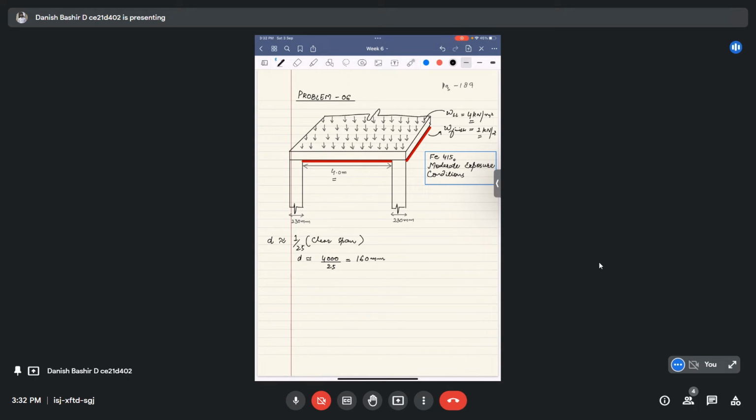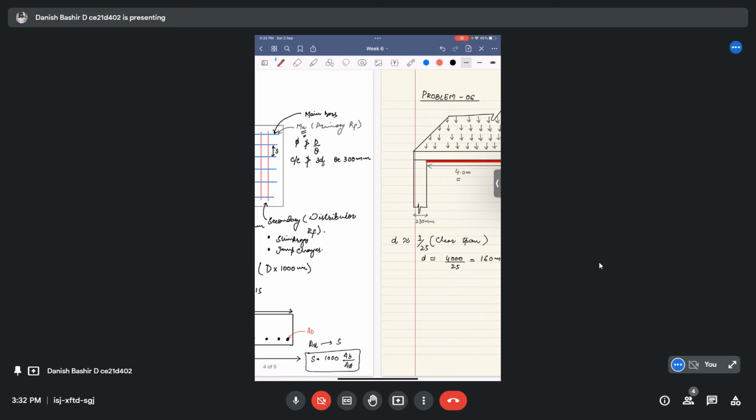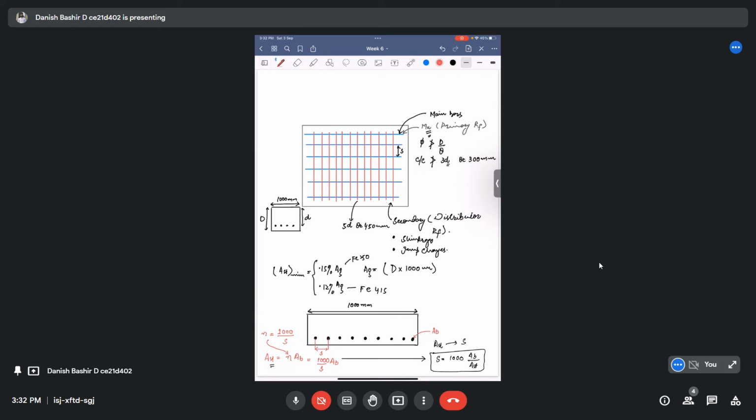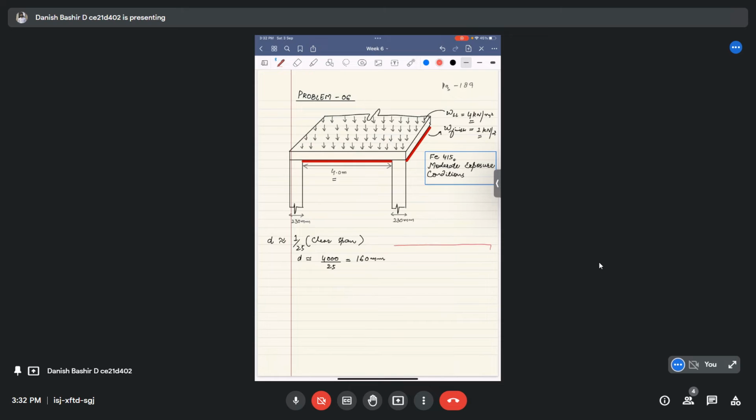Now we can calculate the gross depth, because I will draw this as d, and this is 1000 mm.